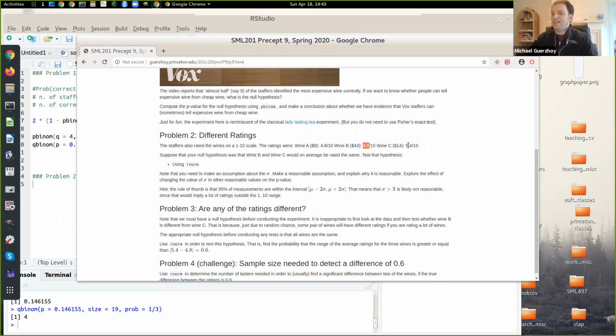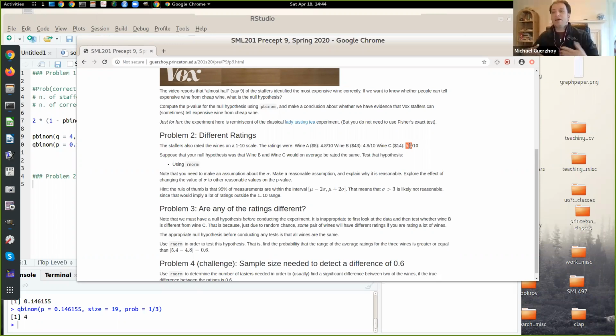On the other hand, if the ratings vary a lot from person to person, then it's possible that for those particular 19 people the average for wine B came out to 4.8 and for wine C to 5.4, but that was just because of those particular people. If other people were rating, because the ratings vary so much, we would say that doesn't mean anything. So we'll see how that affects things mathematically as we solve the problem.